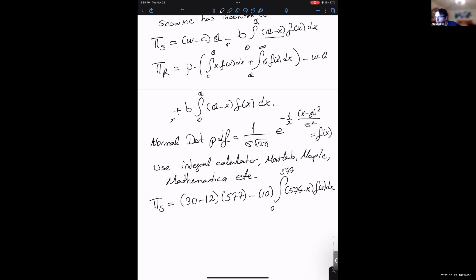What I can do here is get a definite integral calculator. I can use Maple or MATLAB, but I'm not going to deviate from what I've been doing with you in class so far.